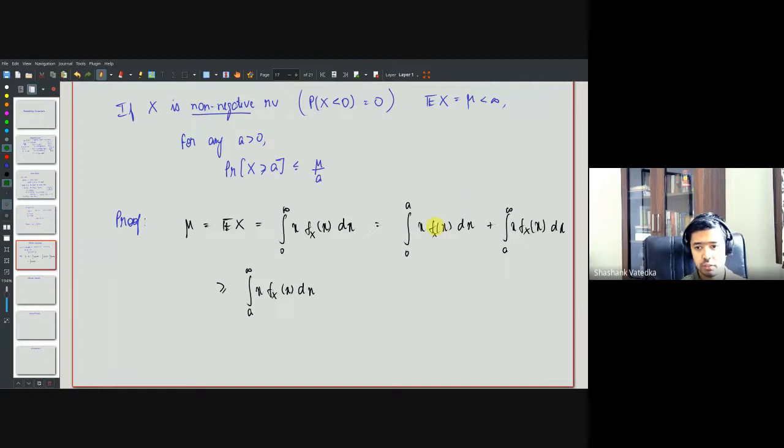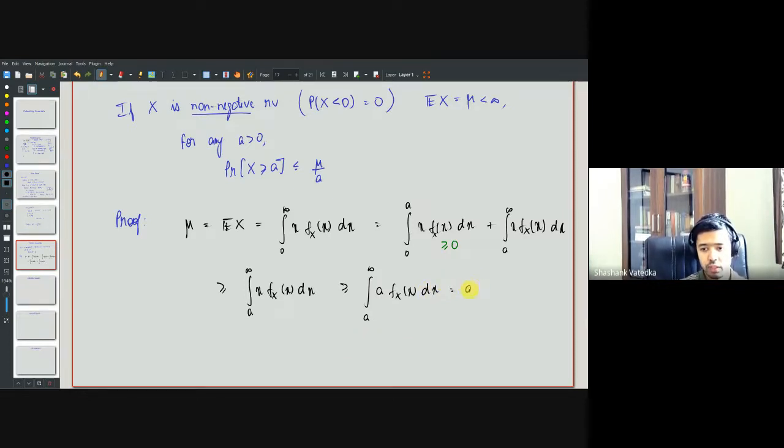So therefore mu is going to be greater than or equal to only the second term. Good. Now, since I'm integrating from a to infinity, x is always going to be greater than or equal to a. So can I say that this is greater than or equal to a times the integral from a to infinity of fx of x dx?